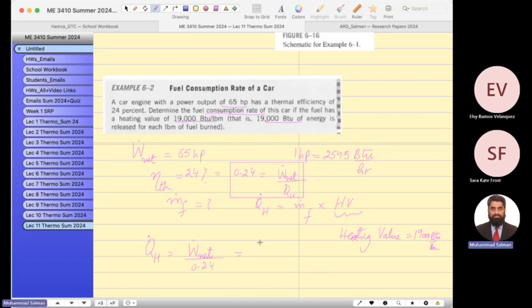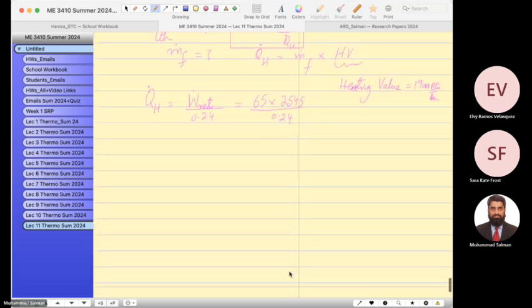So W dot net is 65 times 2545, divided by 0.24. So that will give me, let me write down here in my calculator, 65 times 2545 divided by 0.24.